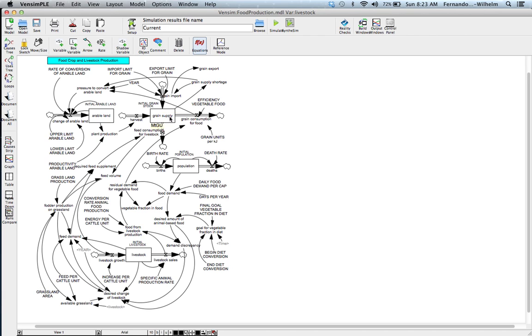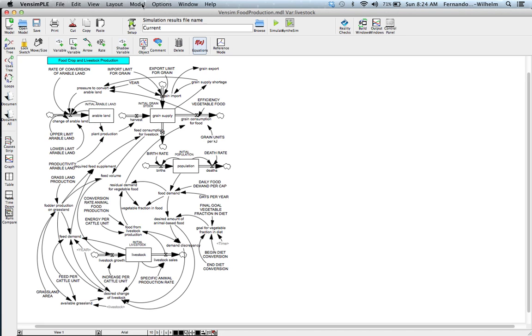So if you need more grains for supply, either for humans or for cattle, you can do two things. You can import more grains, or you can convert arable land to grow more grains. Okay, so that's another trade-off right there. The trade-off between importing and converting land for production. Okay, and then here you have the arable land stock.